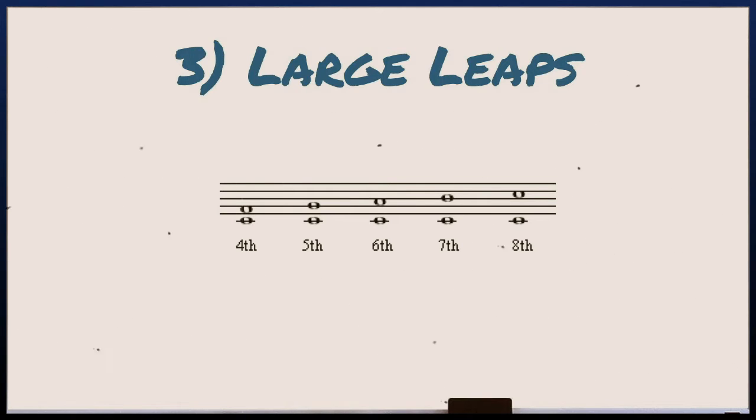So a large leap is defined as a 4th all the way up to an octave, also known as an 8th. And you're using these not all the time, but maybe every 2 to 3 notes in your melody, and on the other notes you're using different types of scalar passages to really try to fill in the gaps.